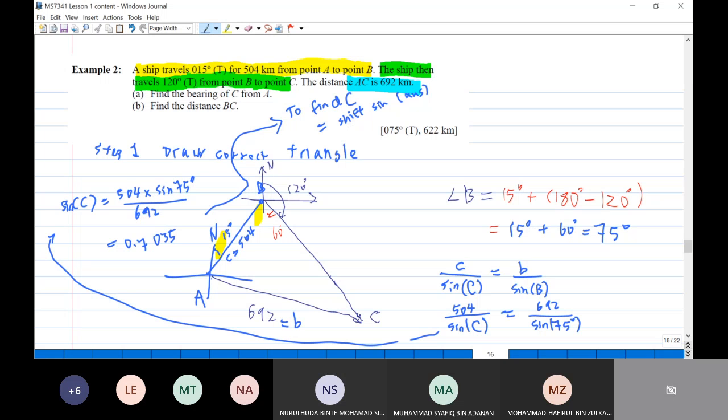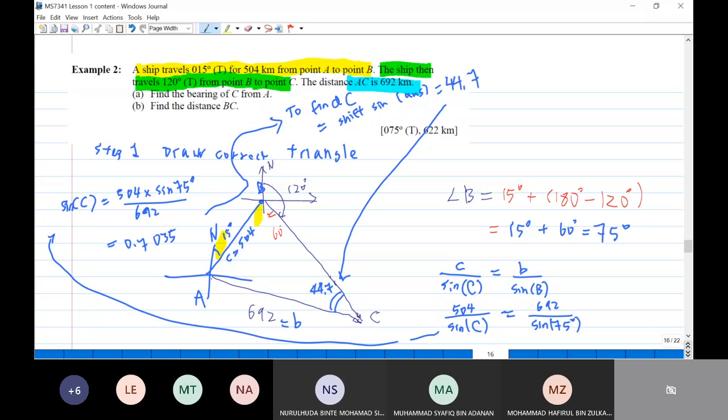Then you get 44.7. So that means angle C is 44.7. Okay, so we stop for now, otherwise too many things. So answer C is 44.7.